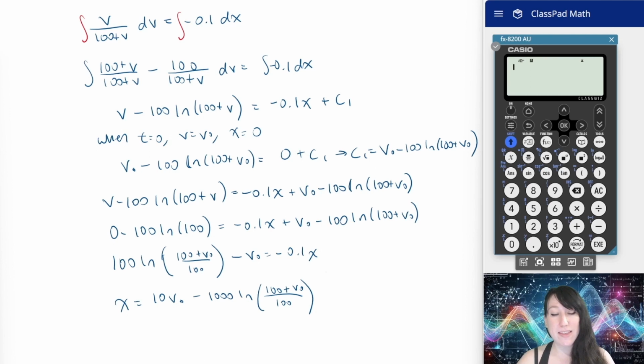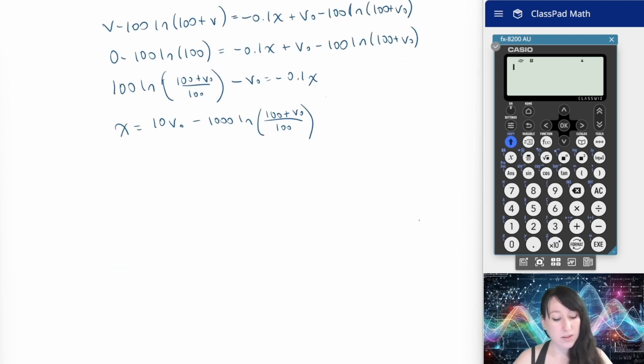Now we can look at the downwards journey. So in the downwards journey, we'll make down positive. Our forces are gravity, which will be going in the same direction as our journey, so it's going to be positive. And then we have resistance in the opposite direction, minus 0.1 mv.